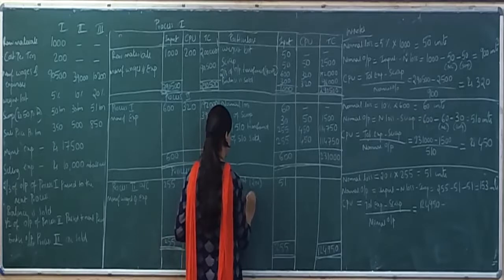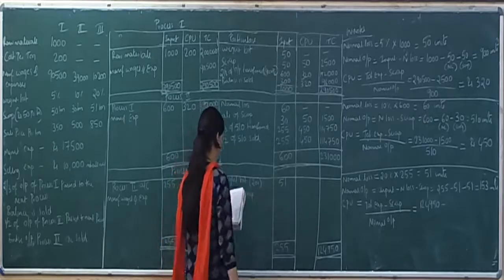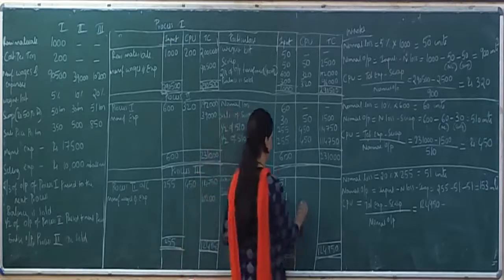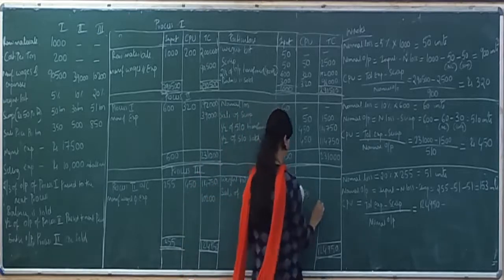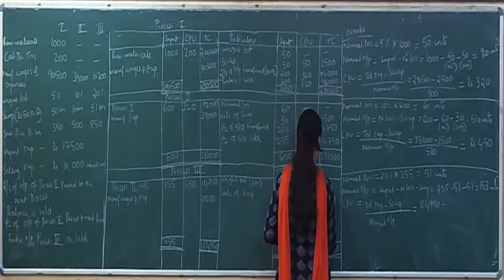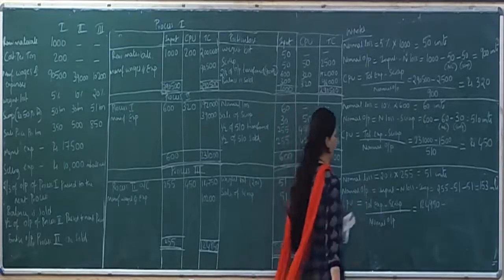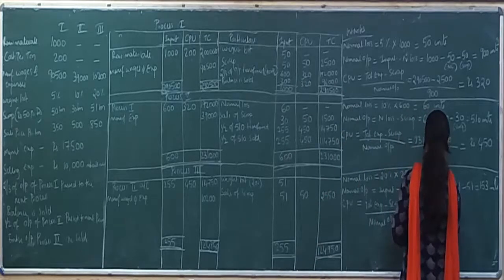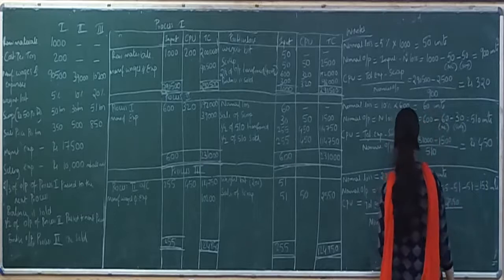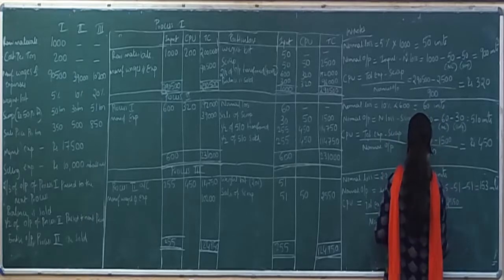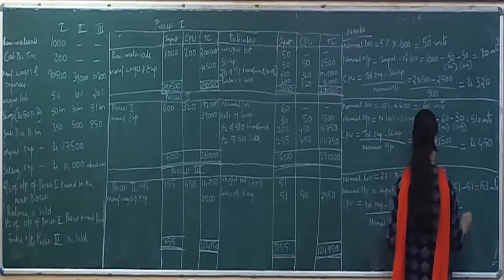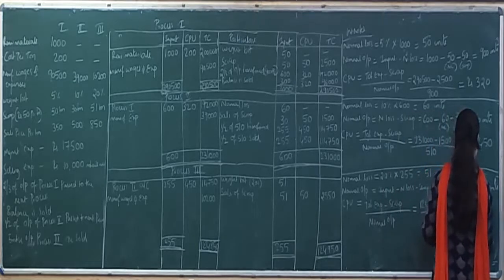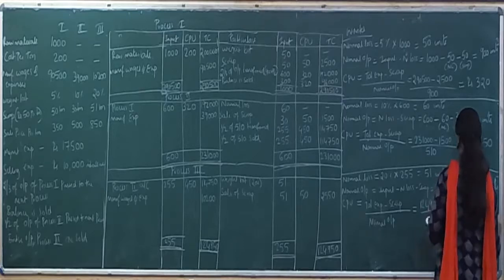Okay, next we'll record sale of scrap. Sale of scrap is 51 ton they have given. Okay, so per ton it is 50. So scrap value we have got 2550 divided by normal output we have found out to be. So cost per unit comes to rupees 800.